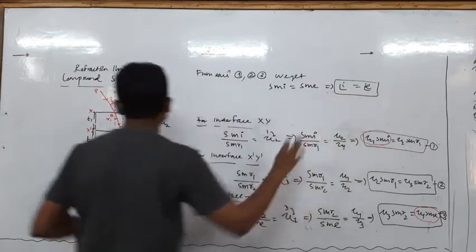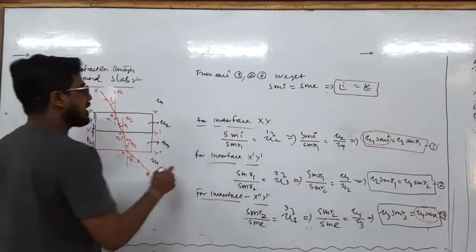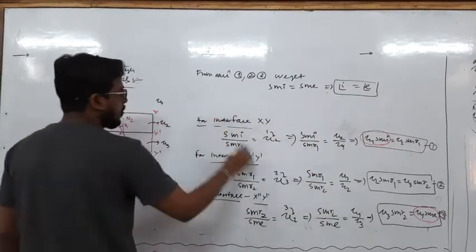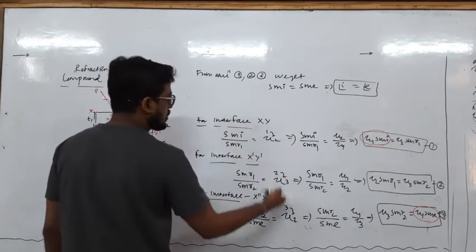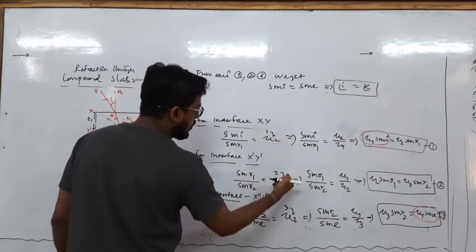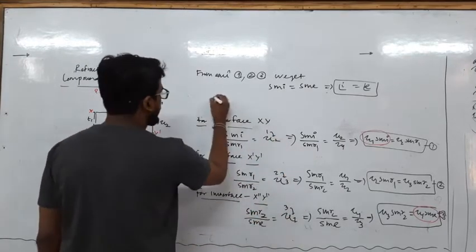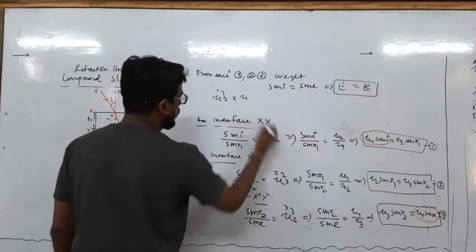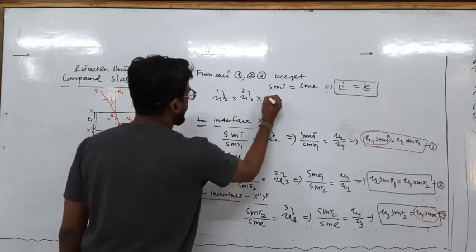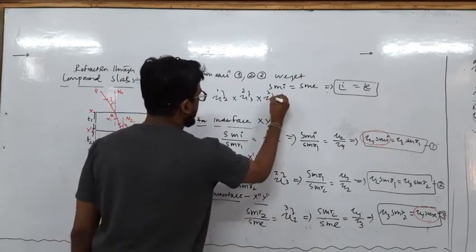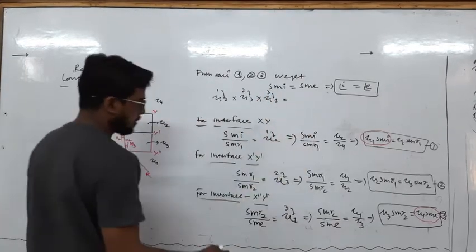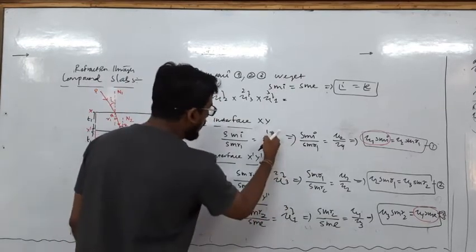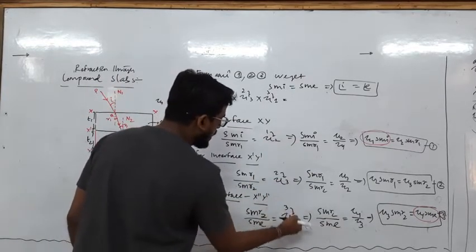Clear? This is also valid for the compound slab. And from this equation, if I multiply all these equations, mu 1 to 2 into mu 2 to 3 into mu 3 to 1, how much will it be?